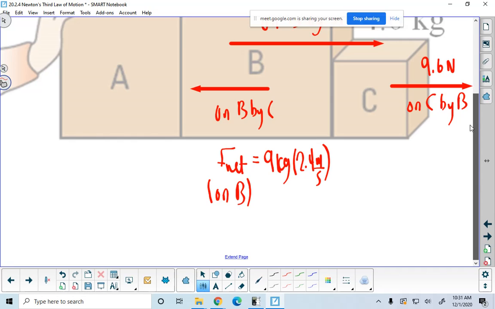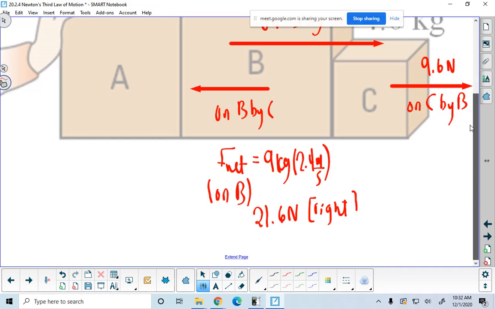I believe that's 24.6, but I would like some confirmation. No? 21.6, thank you. So you get a net force of 21.6 newtons right.